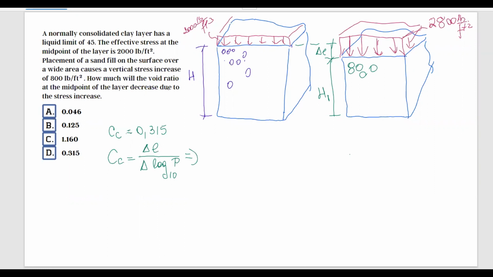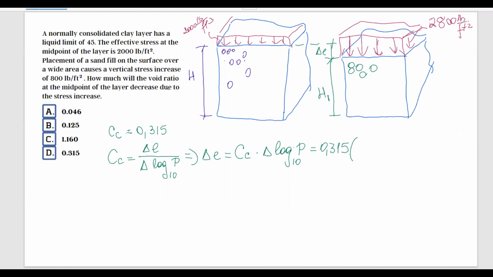From this formula, we are going to calculate the change in void ratio equals C sub C, the compression index, multiplied by the change in consolidation stress, delta log base 10 p. So C sub C equals 0.315.